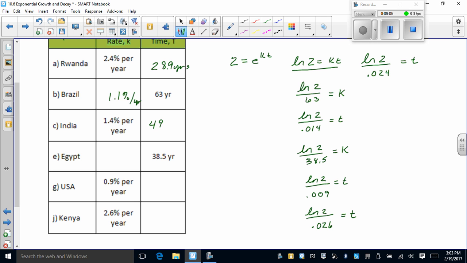Part E is 1.8% per year. G is 77 years. And the last one is 26.7 years.